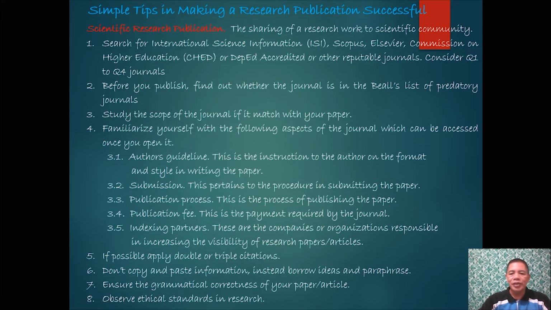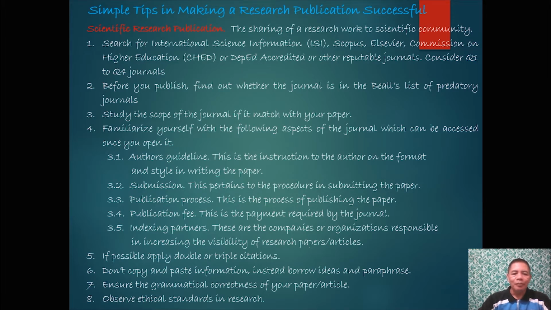Please consider also the ranking of the journals from rank 1 to 100, and this is quartile 1, 2, 3, and 4.